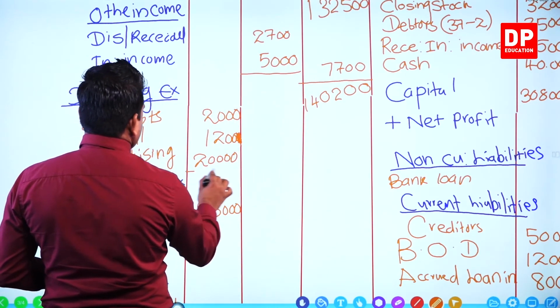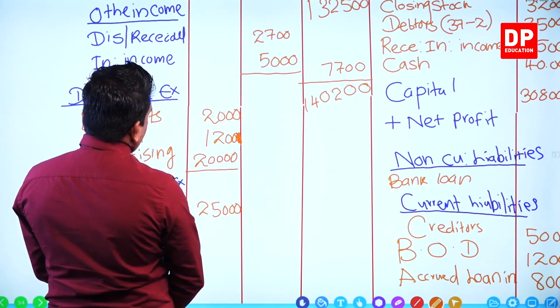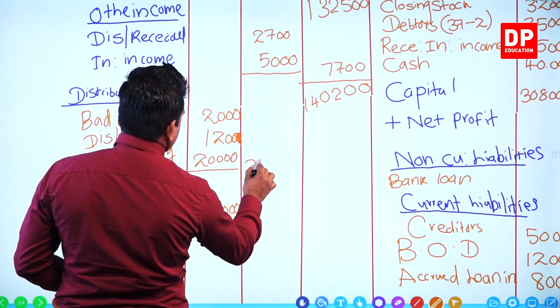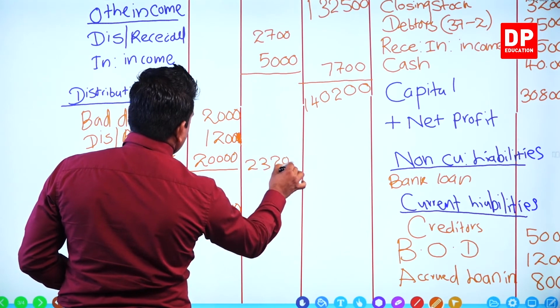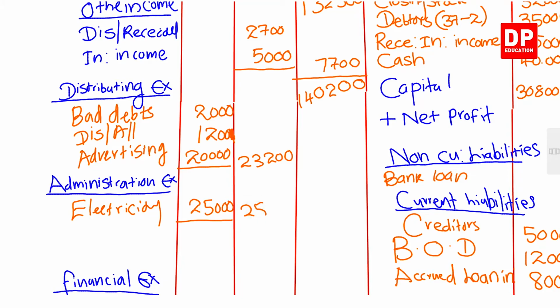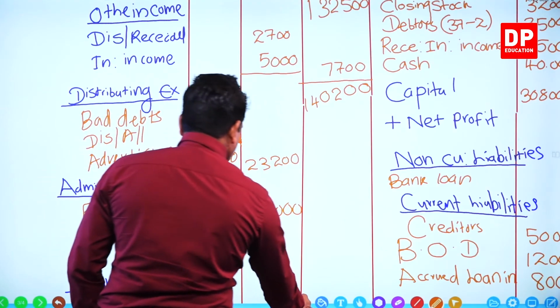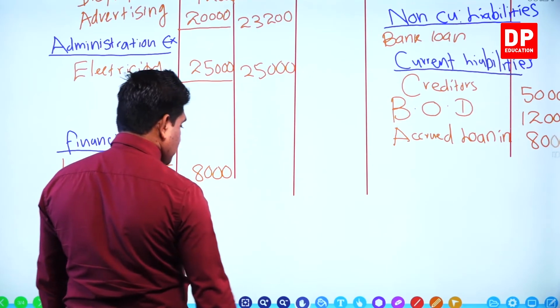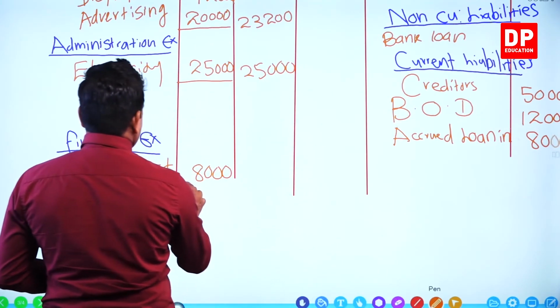Then you can add these two, 23,200. Then here only 25,000. Then financial expense only 8,000. Only one detail.